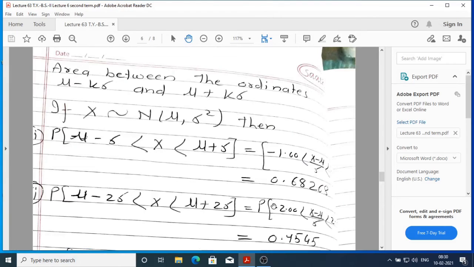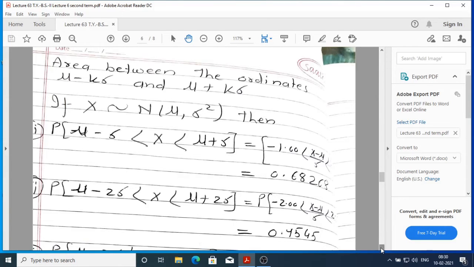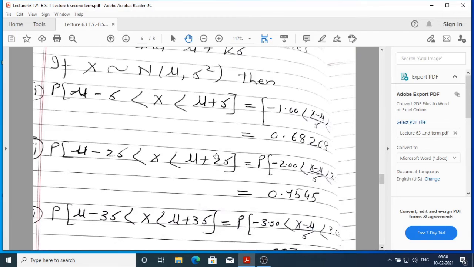See the next concept. Area between ordinates mu minus k sigma and mu plus k sigma. If x follows normal with mu, sigma square, then probability mu minus sigma less than x less than mu plus sigma, that is nothing but minus 1.00 less than x minus mu upon sigma less than 1.00.